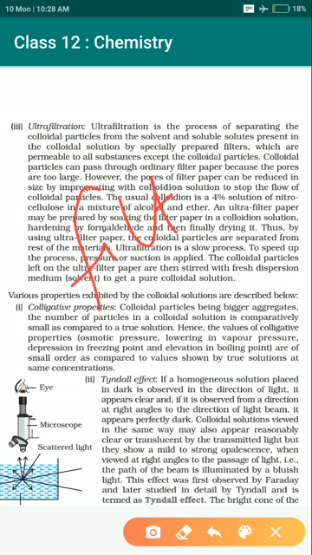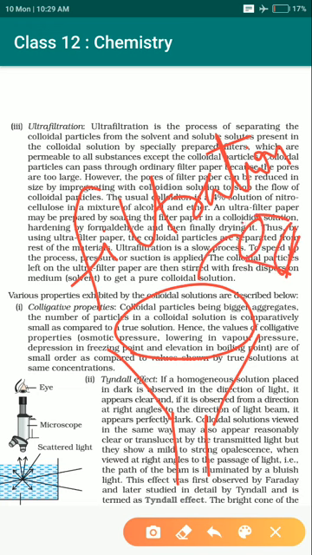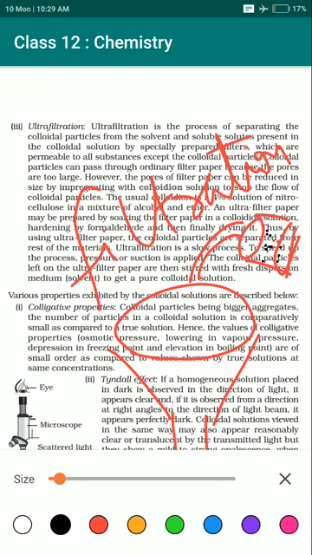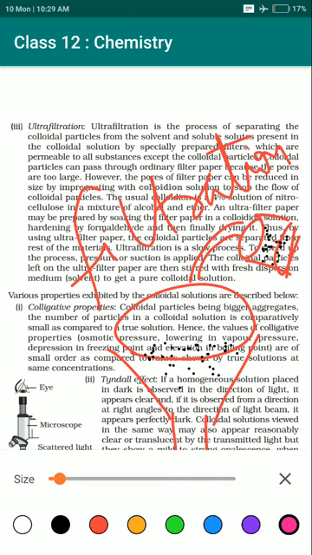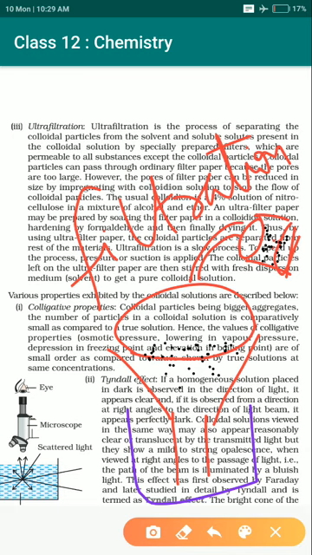We know the filtration process where we have a funnel-shaped structure with filter paper, and when we put water filled with dust particles or some impurities into it, we know very well that the impurities will stay there, and the water will be poured into the container below. That is what we do in the case of filtration.